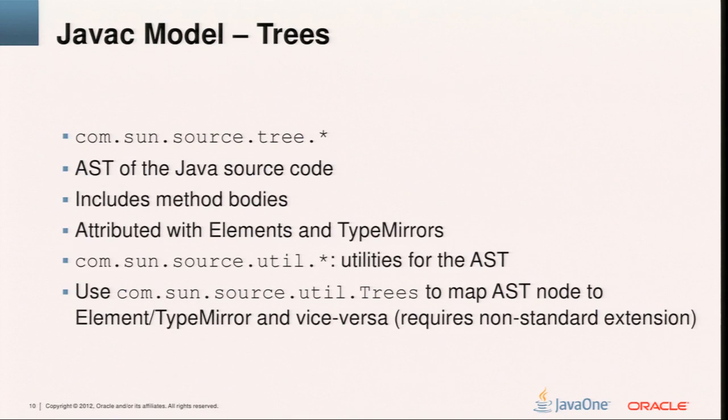This AST obviously models the whole source tree, including method bodies and everything inside the source code. And the AST nodes have attached elements and type mirrors that somehow correspond to that AST node. We will see an example later.